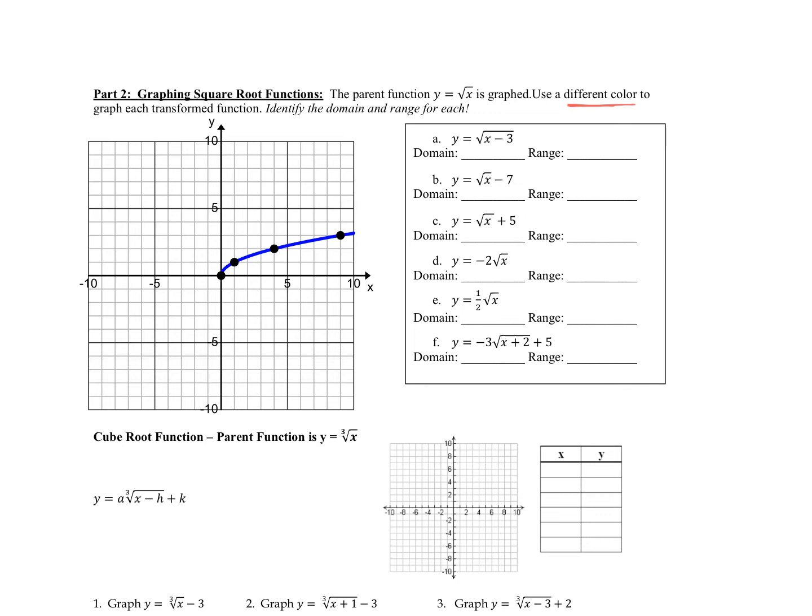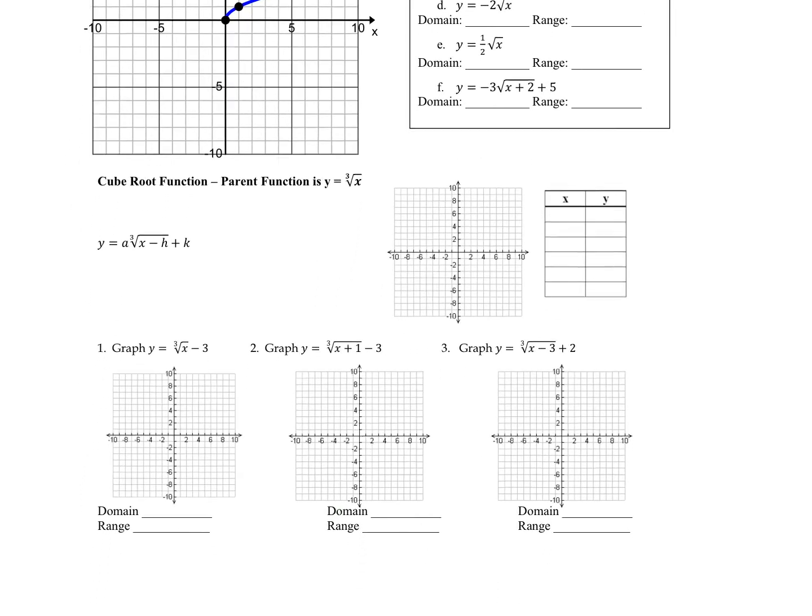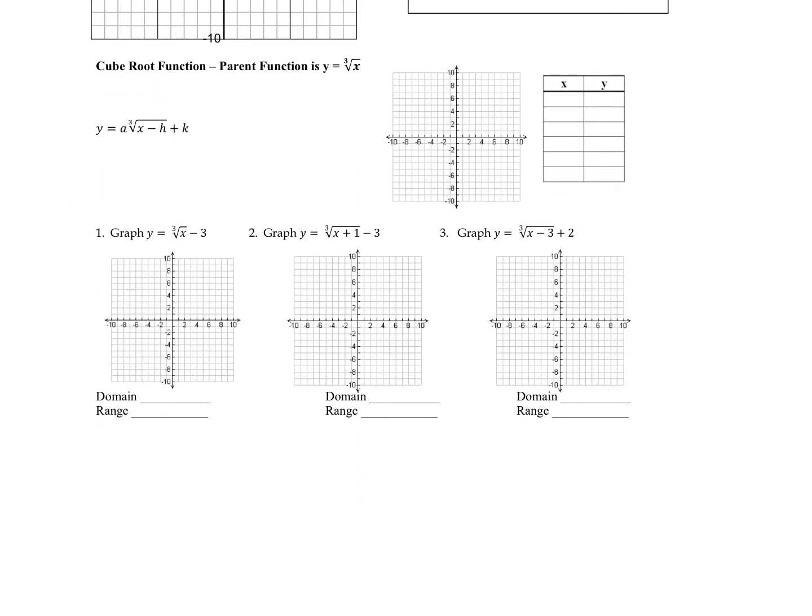So let's move on down to graphing the cubed root function. If I want to graph the cubed root function, my parent function is y equals the cubed root of x. And I can take the cubed root of negative numbers. So I'm going to use some negative values for x in here. We'll use -8, we'll use -1, we'll use 0, we'll use +1 for x, and we'll use 8.